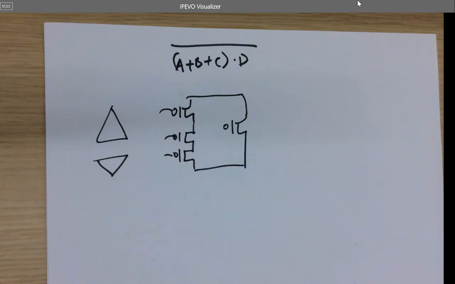Because then you invert that, and if A, B, or C is written to 1, then it's inverted. It returns 0. So if one of the PMOS is in that line is not on, that line is not being used at all. Yeah, it makes sense now.